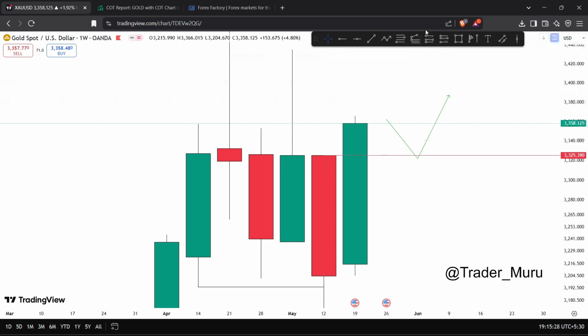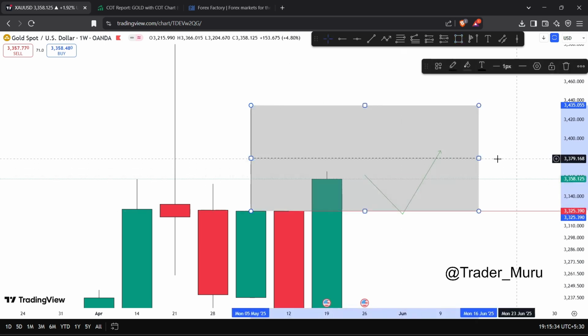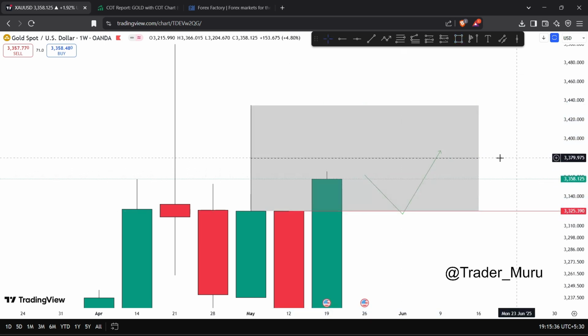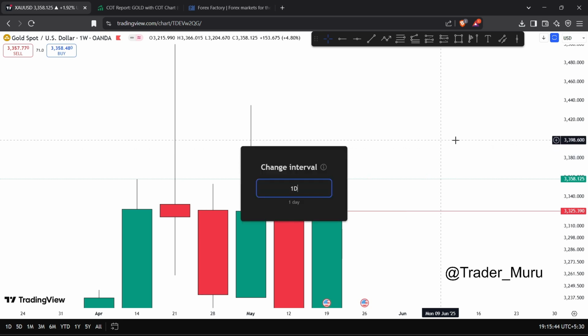Now what we have here, if we look at this supply, we have the 50% area at 3380. This is still pending here. Okay, now let's see the daily time frame.